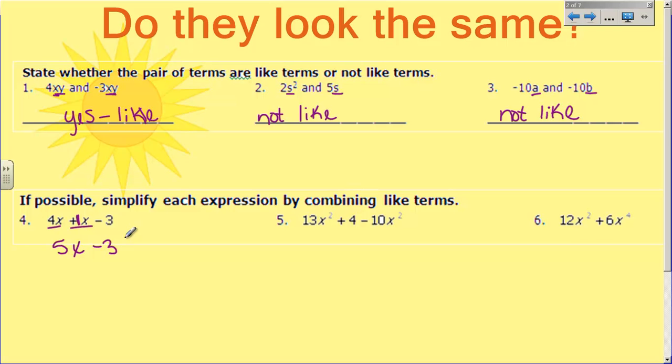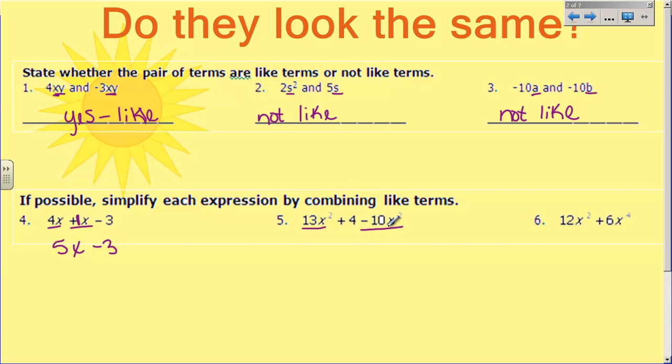So look at number 5. Look and see if you have any like terms first. So I have, again, apologize, I have the x squared and the x squared. When you are doing this, please make sure you look at the operation symbol in front of your coefficient. So I have a 13x squared minus 10x squared.